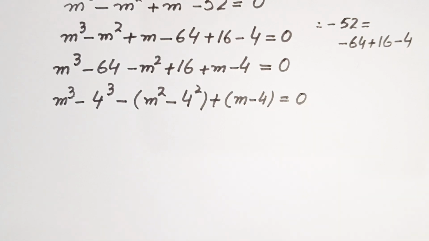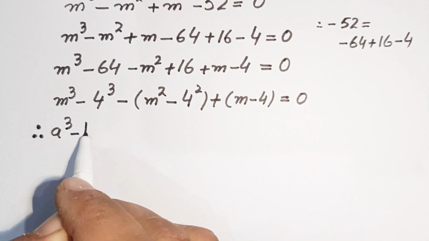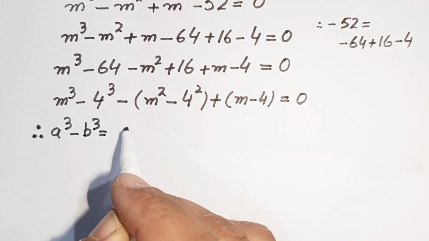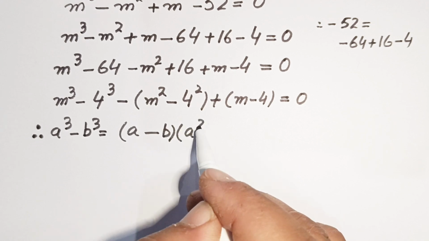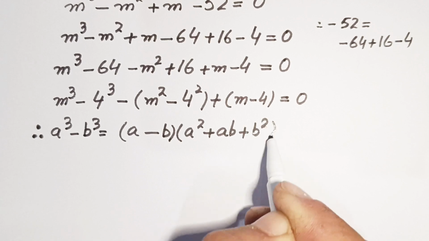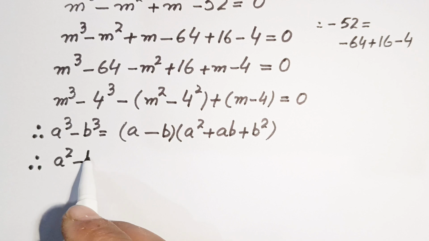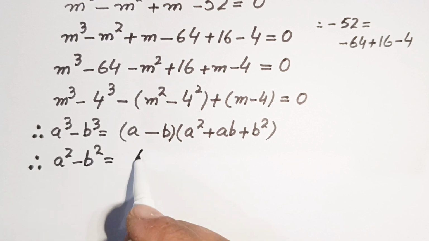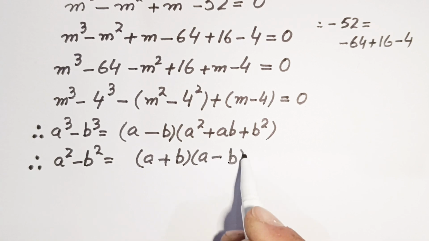Now using algebraic formulas, as we know that a^3 − b^3 is equal to (a − b)(a^2 + ab + b^2). Similarly, we have another interesting formula that a^2 − b^2 is equal to (a + b)(a − b).